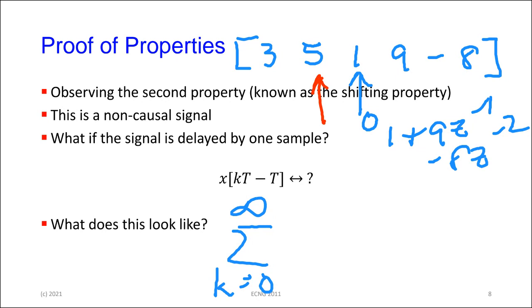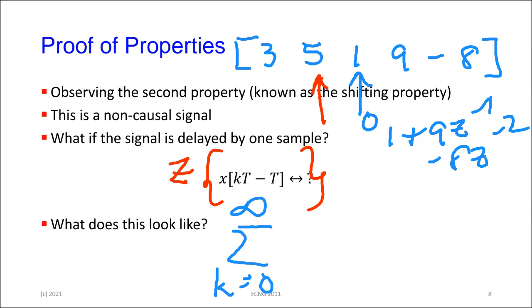So in other words, x(kt minus t) now has 5 included in it. If I were to take the Z transform of this whole thing as shifted, the Z transform originally is 1, 9 and minus 8.